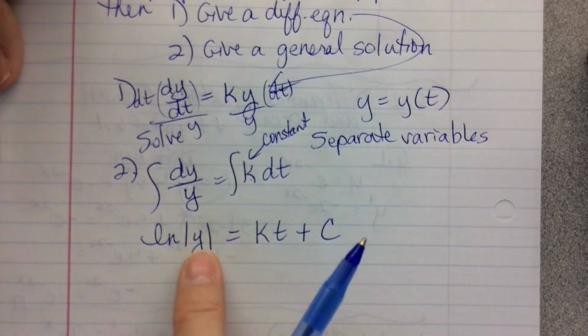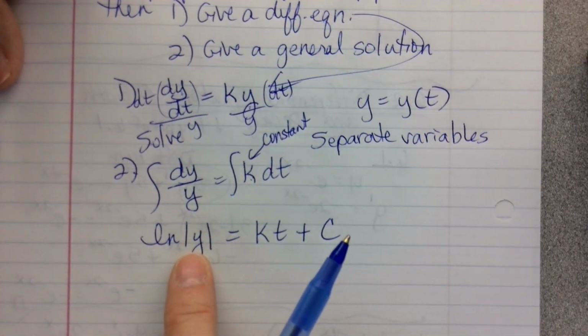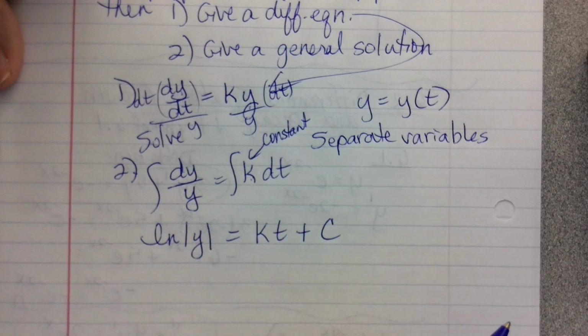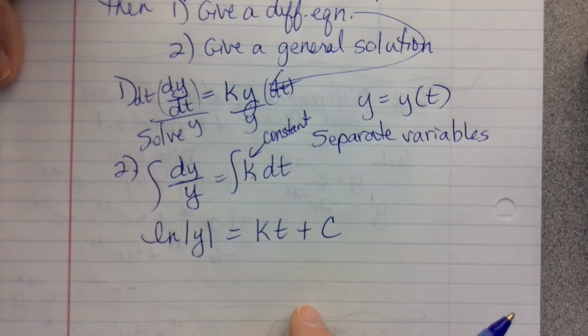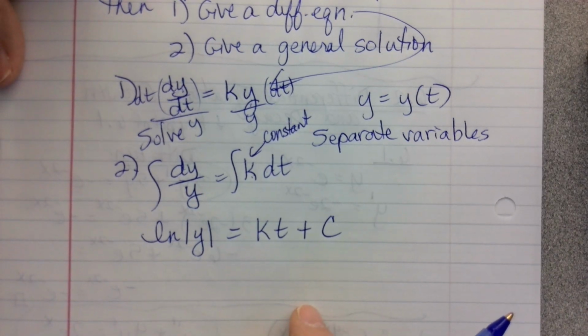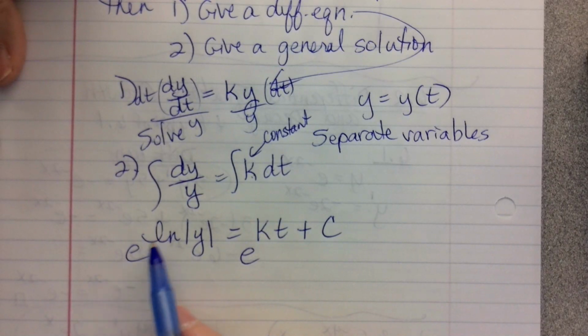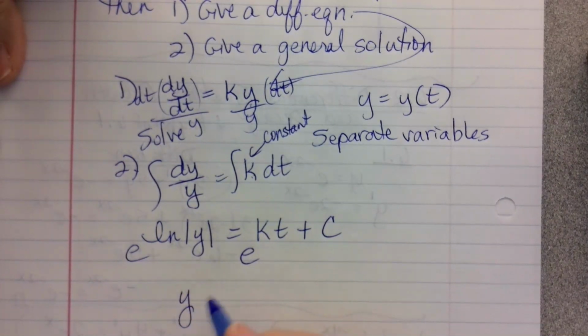Now, how do I actually solve for y if it's in an ln? What do you do to both sides? Anybody? E both sides. E to the ln of something is just that something, isn't it?